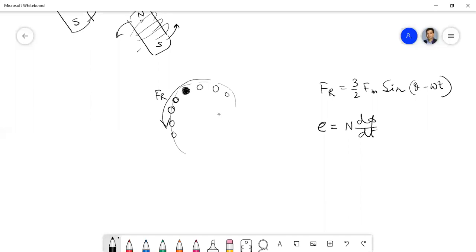As soon as a very small voltage is induced in those rotor bars or rotor coils, a huge current will flow because they are shorted already. So that will give rise to a rotor current called I2, if we take E2. Are you getting it? So this I2 will be produced in those rotor bars or rotor coils.